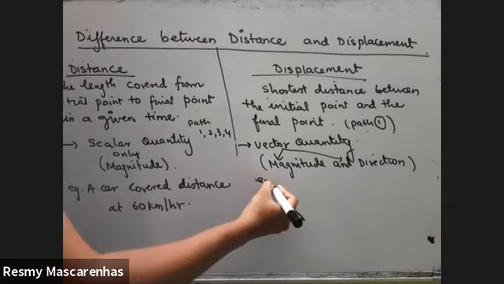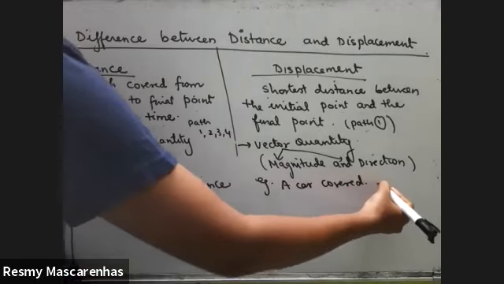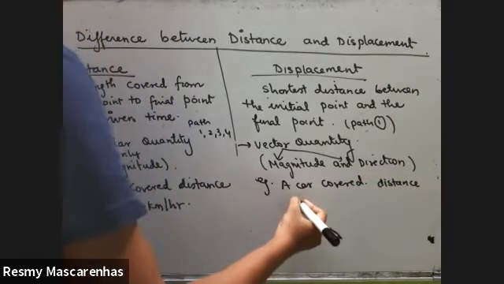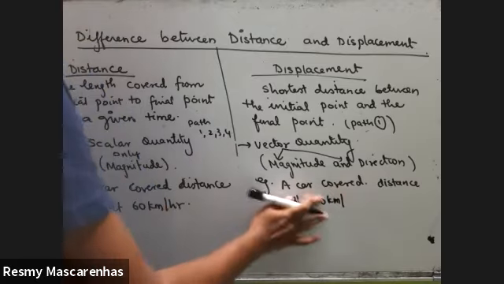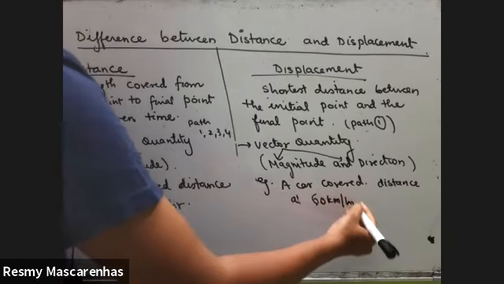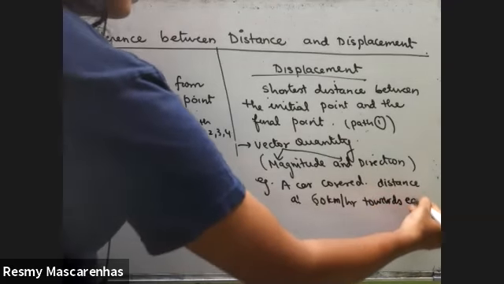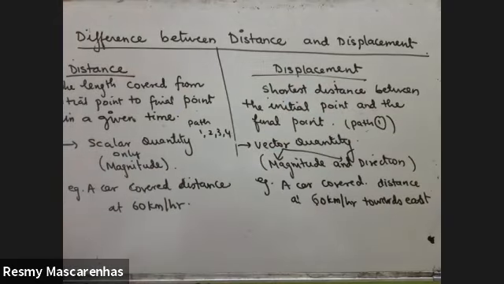Now here, the car covered 60 km, and I'll keep a direction: towards east, suppose, or north or west, whichever it may be, upward direction, down. Okay, I say a car covered a distance of 60 kilometers towards east.